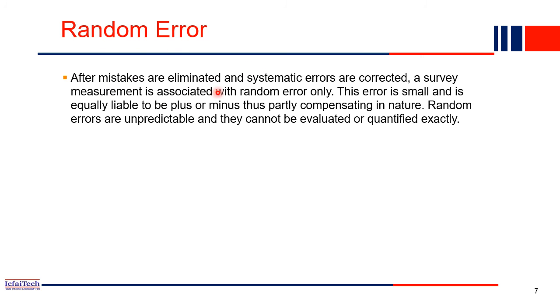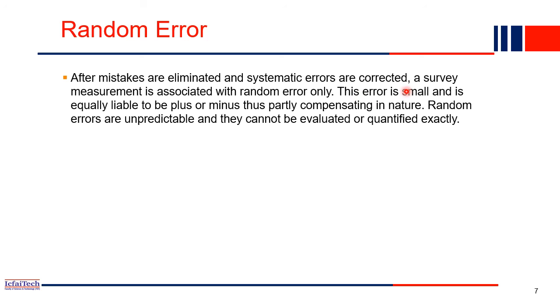After mistakes are eliminated and the systematic errors are corrected, a survey measurement is associated with random error only. So even after you remove the gross error and the systematic error, there will still be errors in the measurement, and those are called random errors. Random errors will be very small in nature. Gross error will be very large. Even systematic error, if it is cumulative, will be large, whereas if it is compensative then the error will be less.